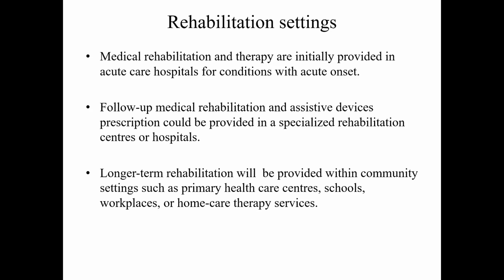Acute setup means the patient comes to the center immediately after the disease or immediately after the injury, gets treatment at the center, and then gets discharged. This is called the acute setup, where immediately after the fall or the problem they come and meet the person. Then after getting discharged there will be a follow-up rehabilitation team.